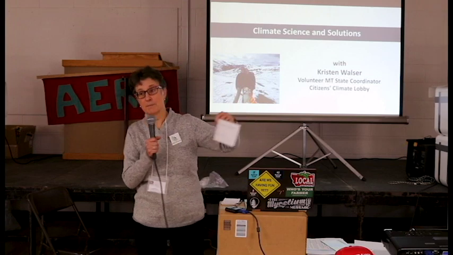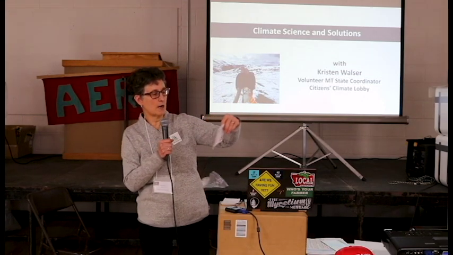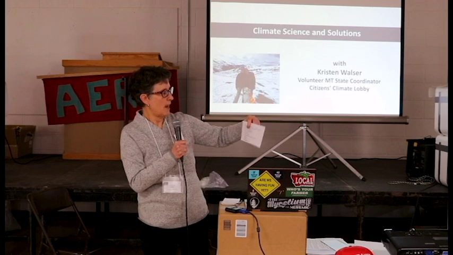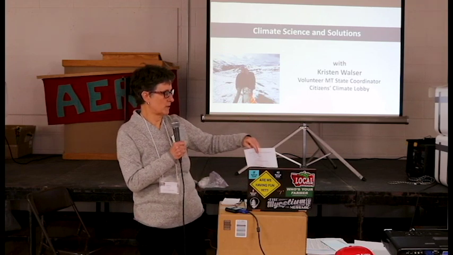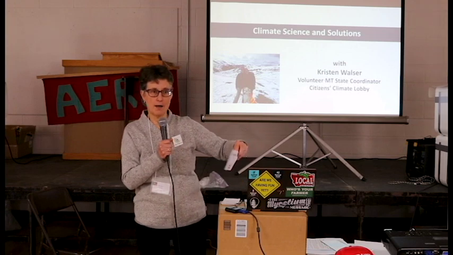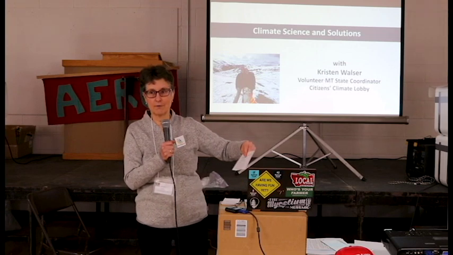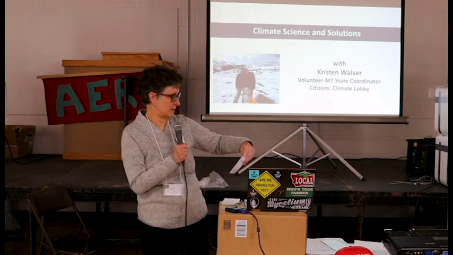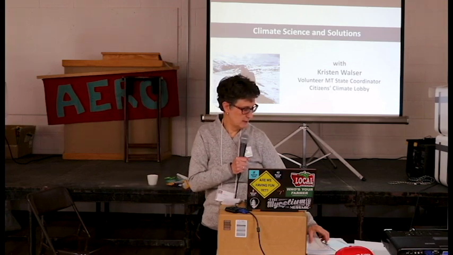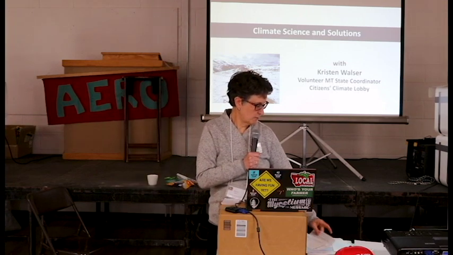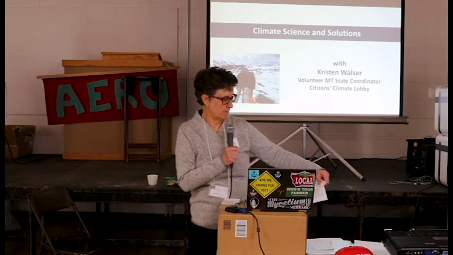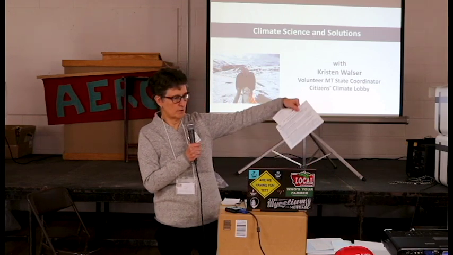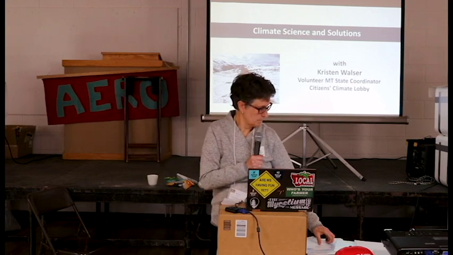And skepticalscience.org and Carbon Tracker, and then the City of Bozeman Sustainability Office, because I have some handouts from them on energy efficiency that are really great, hot off the presses. So that's when we get into solutions. And also there's some information from Citizens Climate Lobby on a type of carbon pricing, and that's also on the table if you want to look at that.